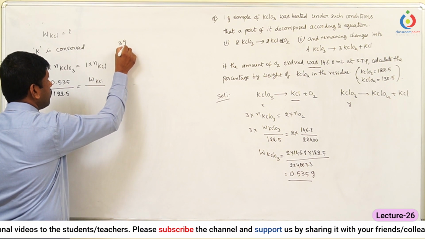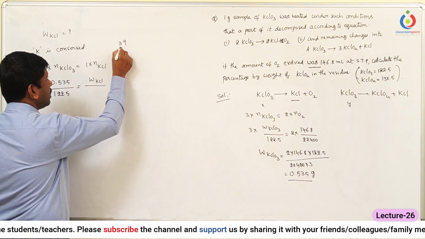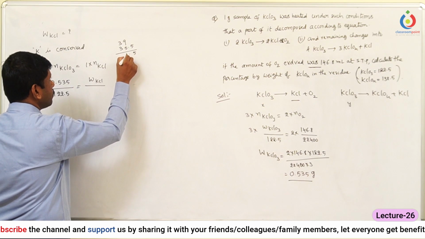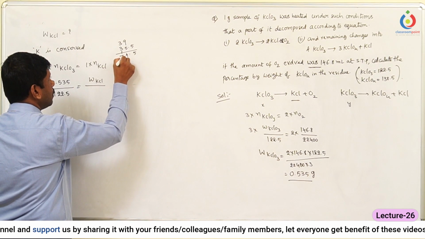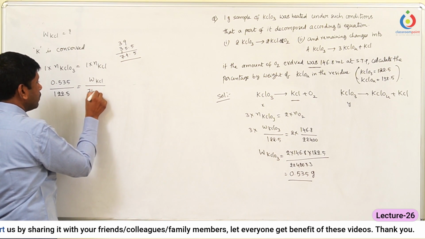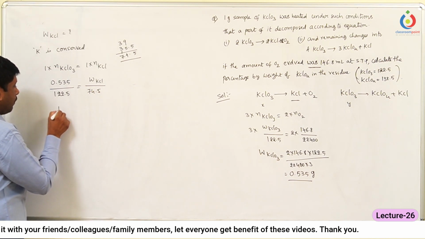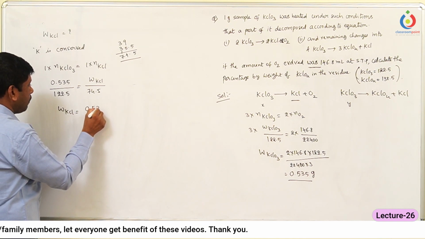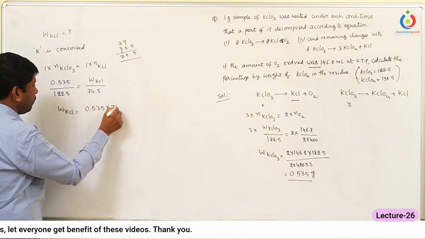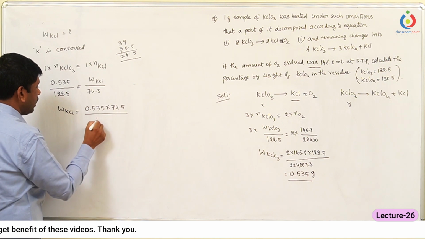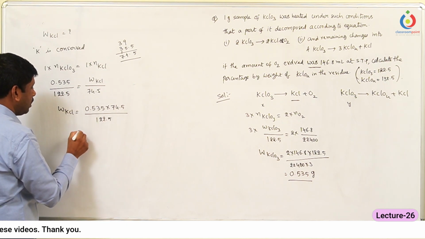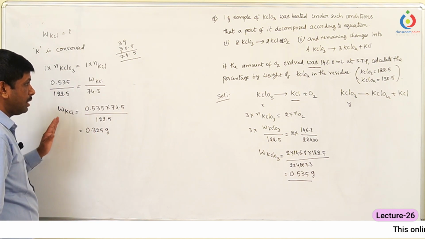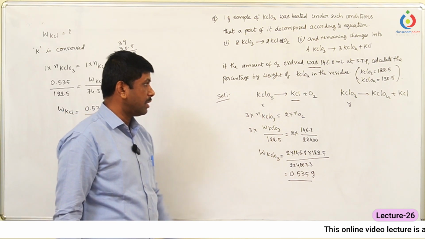See, the atomic mass of potassium is 39, whereas chlorine is 35.5. So we get 74.5. Then the weight of KCl, doing the cross multiplication, is 0.535 into 74.5 divided by 122.5, which is 0.325 grams, the weight of KCl in the first equation.